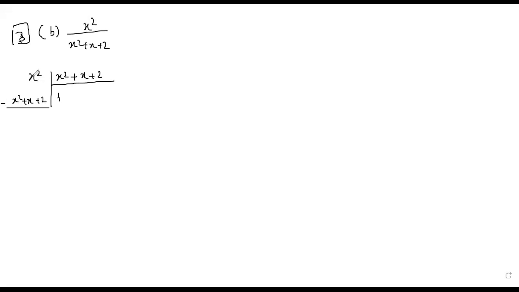We subtract this polynomial from x squared and get minus x minus 2. The degree of this remainder is 1, which is less than the degree of the divisor, which is 2, so we stop here. Then it is equal to 1 plus the remaining part, minus x minus 2, over this polynomial.